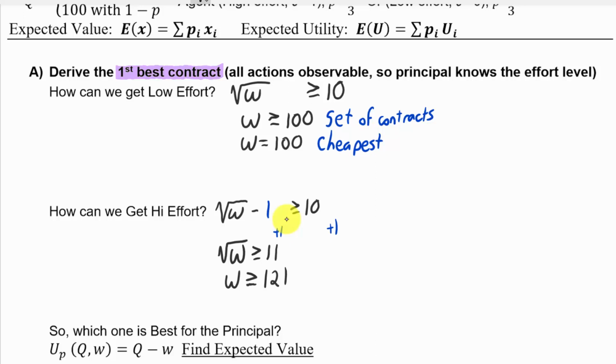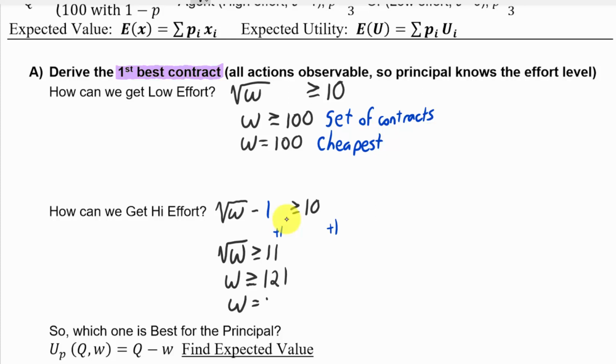So again, this would be the set of contracts, although we need to be a little clearer here. In reality, since we can observe the effort and we actually care whether the person provides high or low effort, we could say here's what the contract is really going to look like.